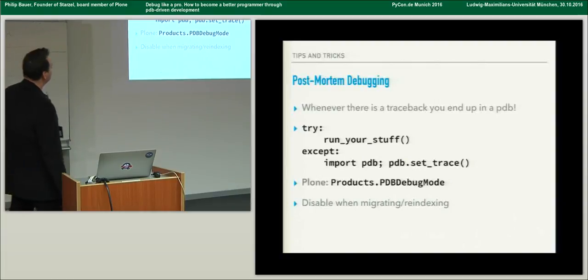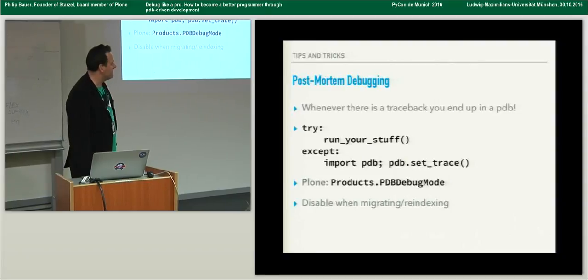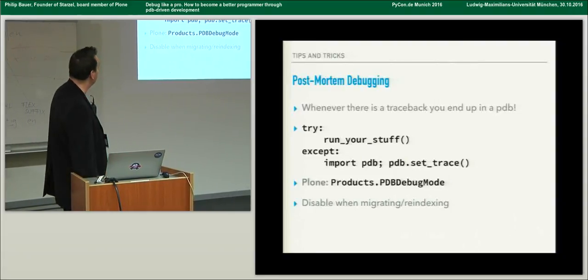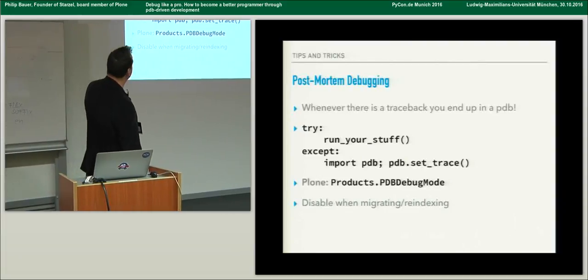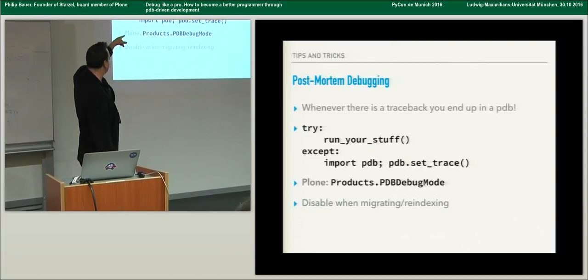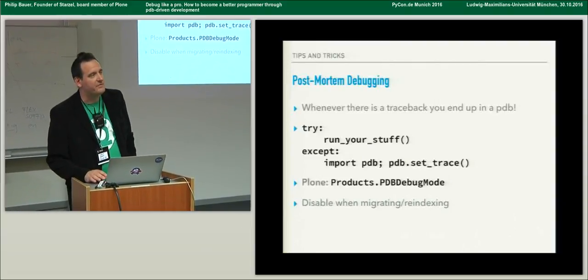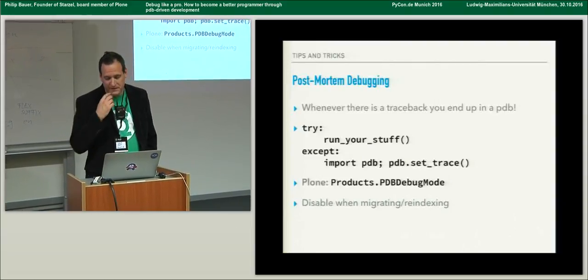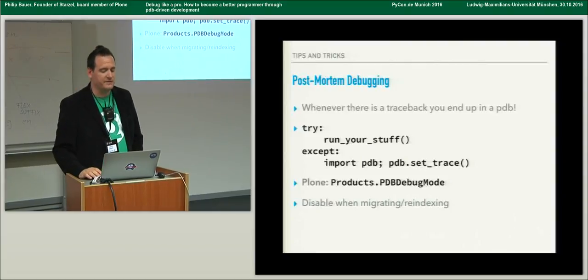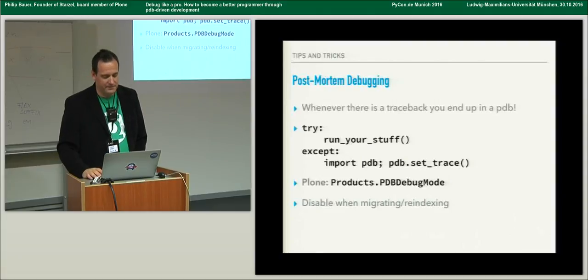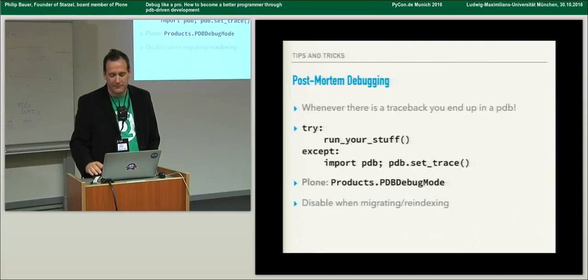Post-mortem debugging is basically an automatic method to run that in PDB. You can look it up in the documentation. It's basically a glorified wrapper for try, run whatever you're doing, except PDB. It's really nice. If you're doing any Plone work, you should use Products.PDBDebugMode, which is a pretty advanced wrapper around that and allows you to have a PDB whenever there's an error.